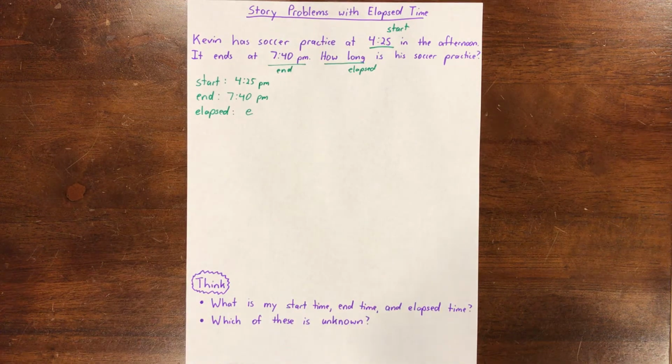Okay, so I'm wondering, what tool could we use to go ahead and figure out what the elapsed time is in this problem? And how would that tool work? Go ahead and explain your thinking out loud.